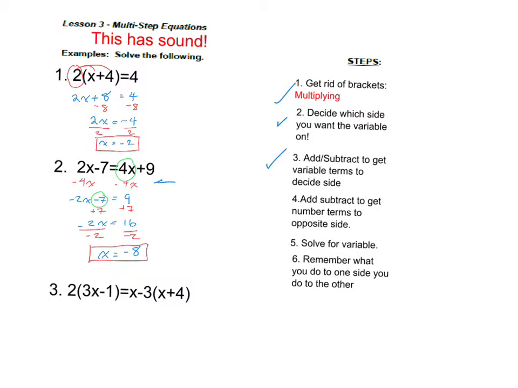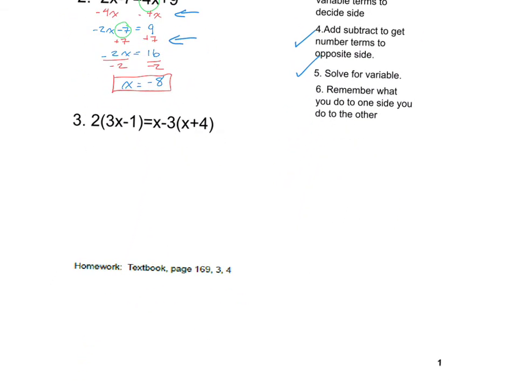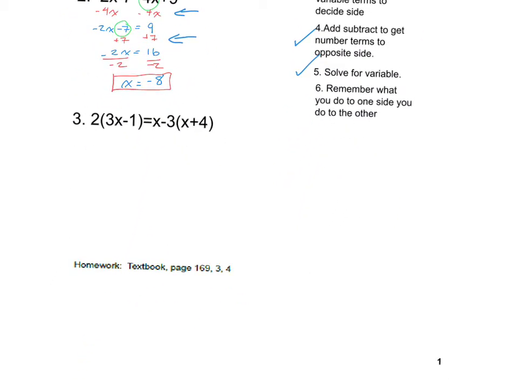Then we added and subtracted the numbers to one side, which is right here. And then what we did was we solved for the variable. And that's it. Now just remember, anytime you do something to the left side, you've got to do it to the right side. Now let's do this last one where we have 2 bracketed terms.